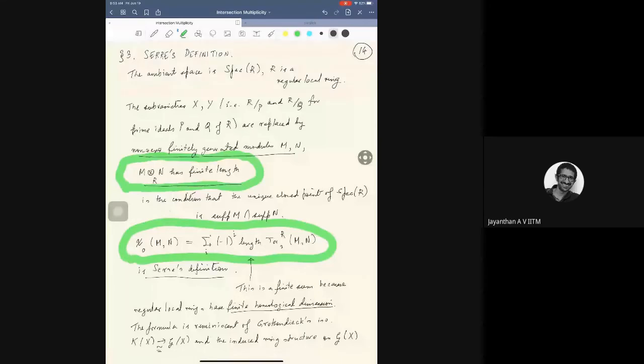You see some appearance of Tor in the formula, so we require only finitely many Tors, because regular local rings have finite homological dimension. This is well explained by Serre in his book using the Koszul complex.